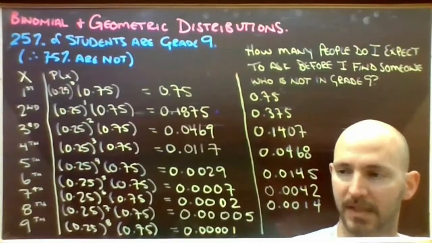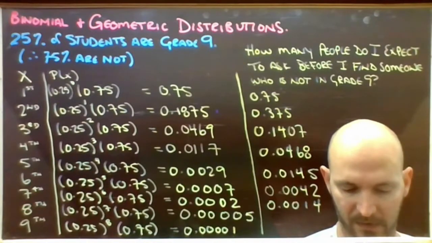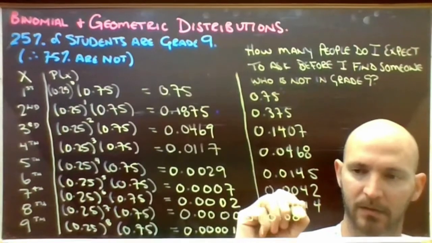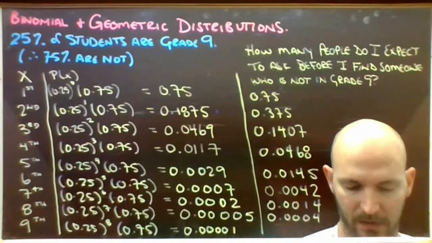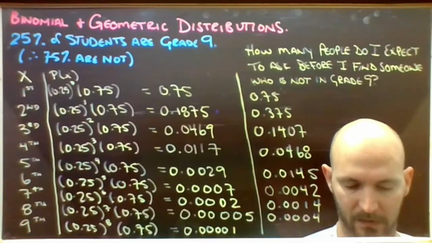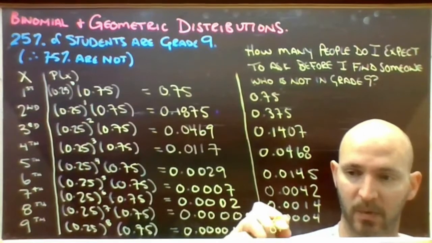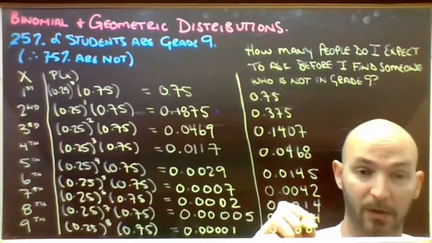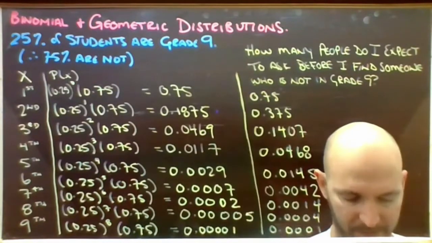And 8 times this, 8 times 0.0001, 4 zeros and a 5, is 0.0004. And 9 times this one, 9 times 0.1, 2, 3, 4 zeros and a 1 is 0.00009, which I'm going to round to 0.0001 because I'm only keeping 4 decimal points.